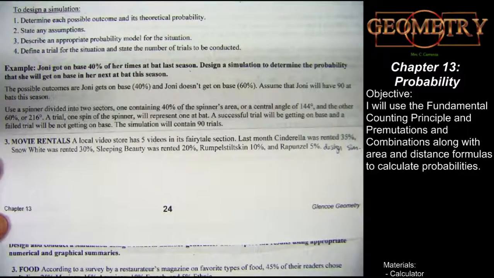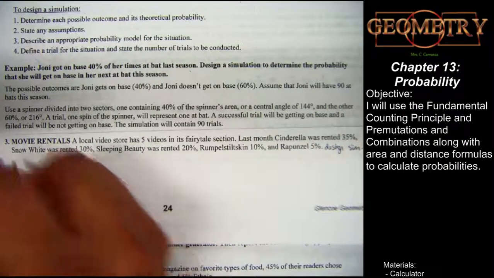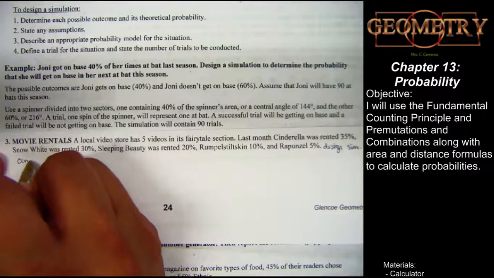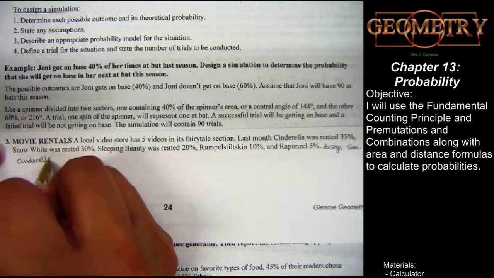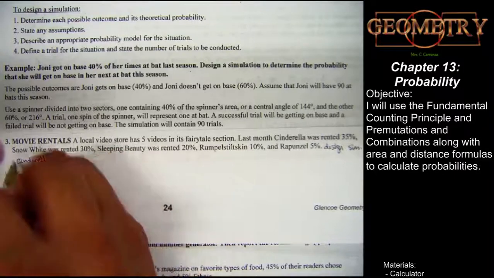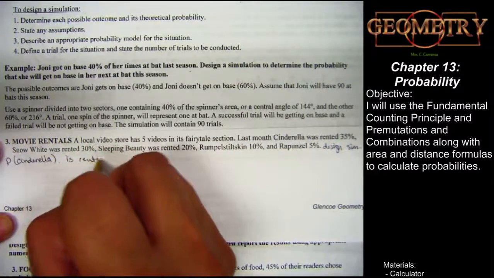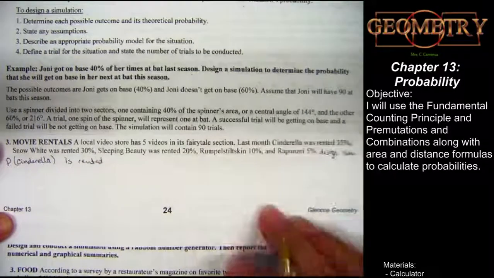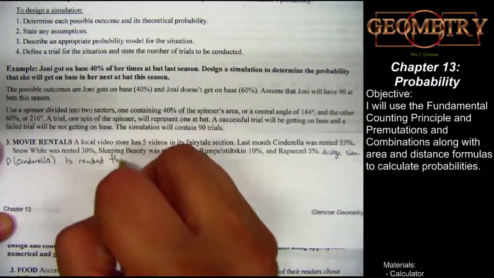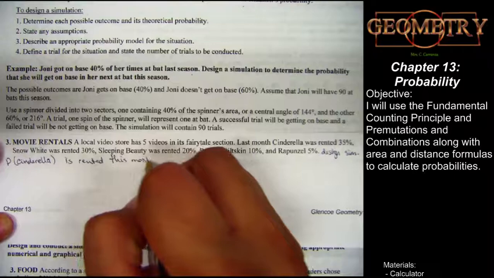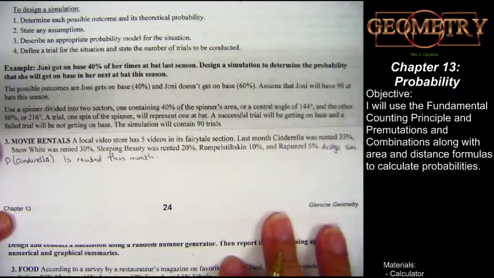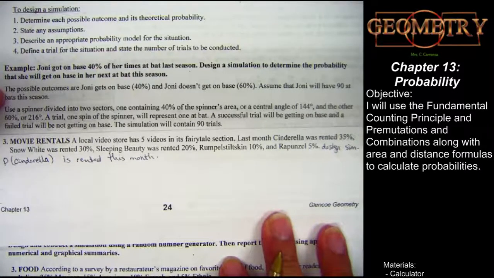Pick one. Cinderella. So design a simulation that says the probability Cinderella is rented. And we'll say this month because the data that we have is for last month. All right, we now know what kind of simulation we're designing. We can start designing it.